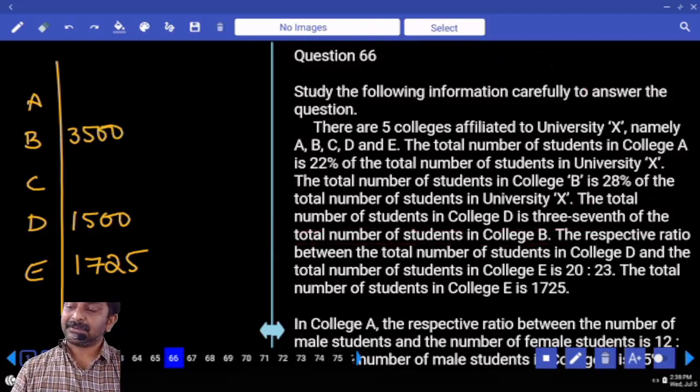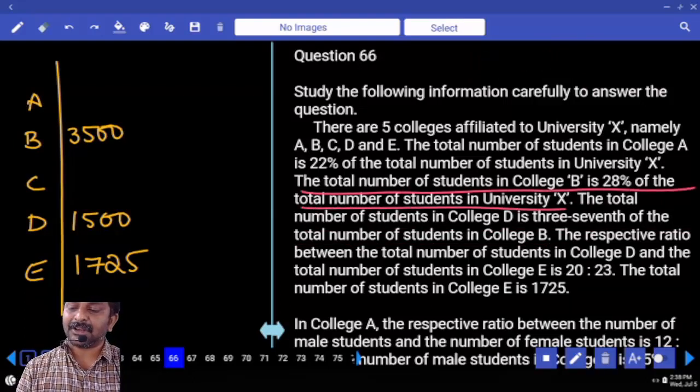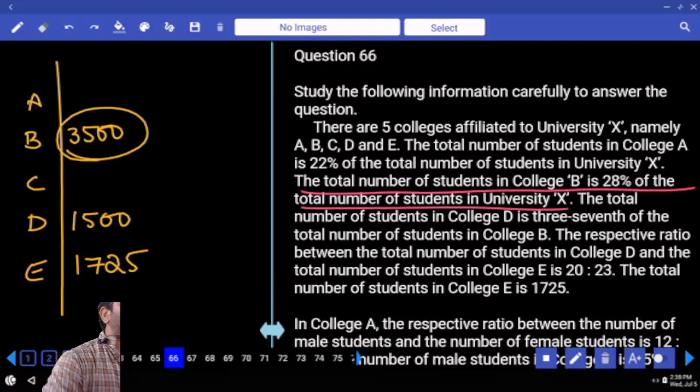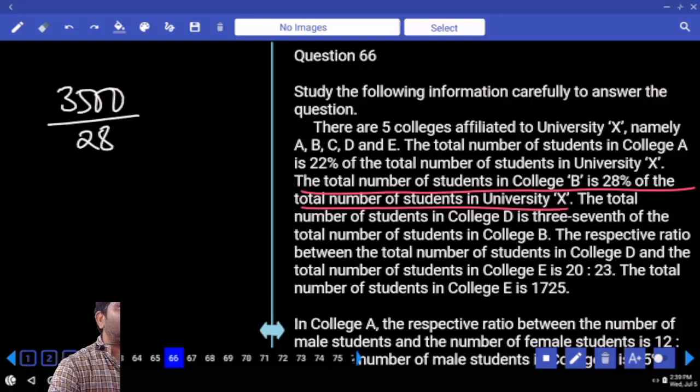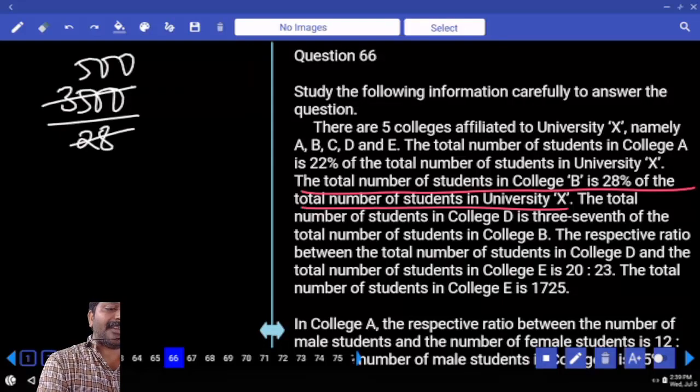Okay, before that, total number of students in college B is 28% of total number of students in university X. That means this fellow is equal to 28. 1% value is 3500 divided by 28. Both numerator, denominator, 35, 28. 7, 500 by 4.